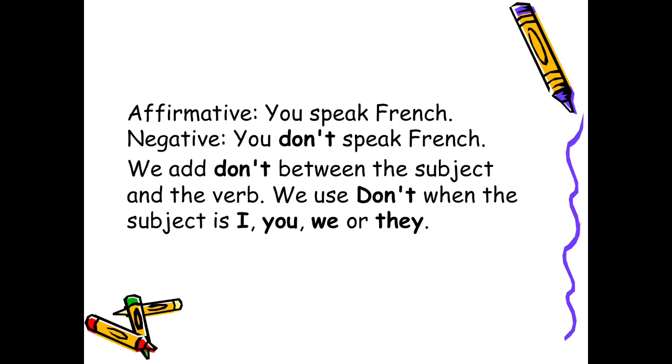That is, it has to be in the first person or the second person. When it is talking about the first person or second person and we are going to change it into a negative sentence, we will be adding don't in between the subject and the verb, and you will be using only don't when you are concentrating on the first person and the second person.